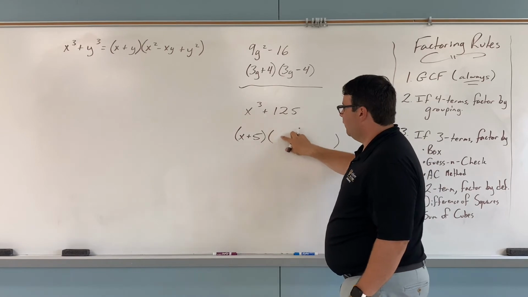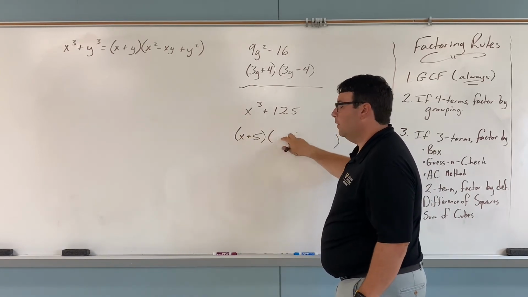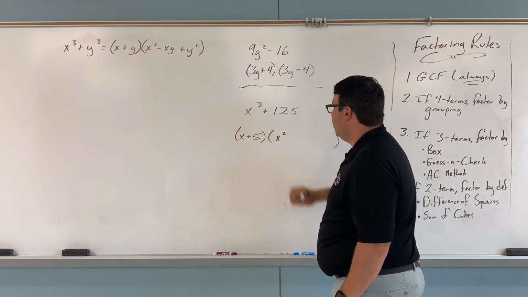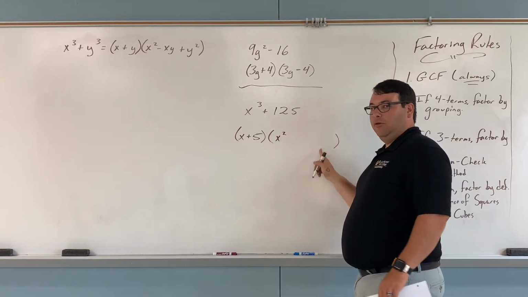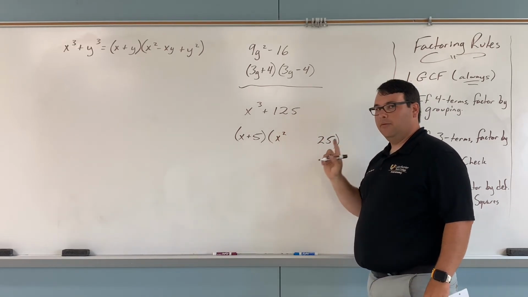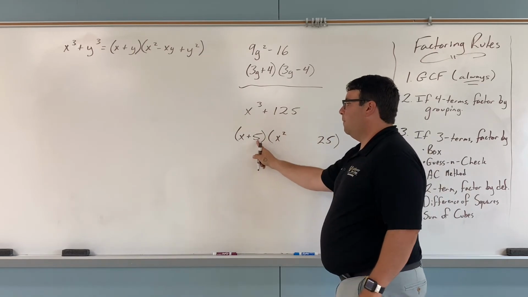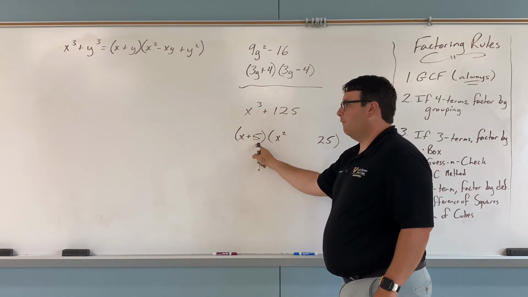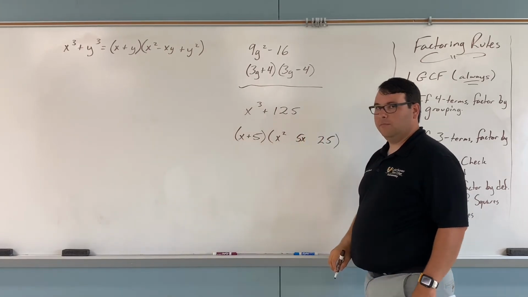Here, this first term is the first term squared, so you have x squared. The last term is the last term squared, so you have 25. Now, there is a middle term. That middle term is both of these multiplied, so 5 times x, which is just 5x.